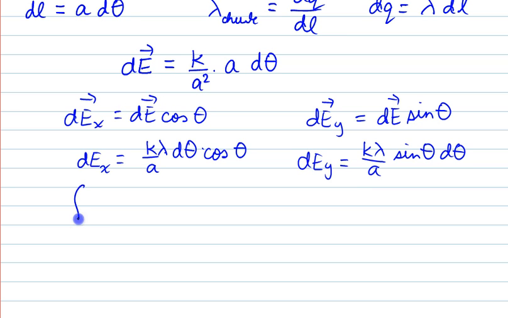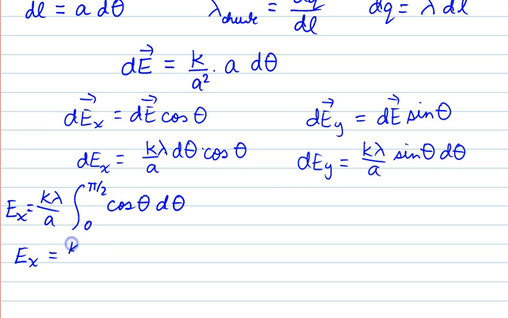So we want to integrate from 0 to pi over 2, and the k lambda over a is a constant, so Ex is actually the integral of dEx, or just simply the integral of cosine theta d theta. And I'll continue with this. And remembering our calculus, that's going to be negative sine of theta, evaluated from 0 to pi over 2.